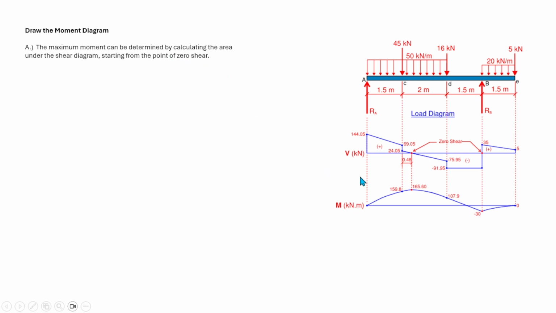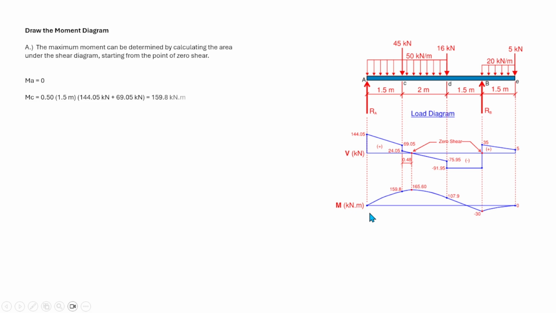The maximum moment occurs at zero shear, and that is equal to the area under the shear diagram, which is the area of a trapezoid plus the small triangle here. So let's break it down.